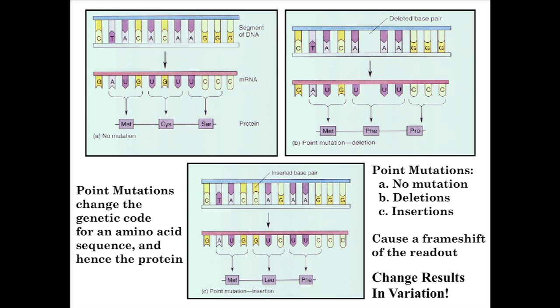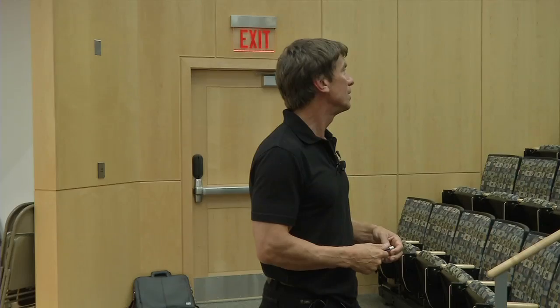As shown here, let's say we leave one out. We have AUG still codes for methionine, that's normal, but we leave out this G. We're still going to read things in terms of 3. So instead of reading the UGU and getting cysteine, we read that UUU, which now codes for this amino acid, phenylalanine, which is different. What does that mean? That means that that protein is not going to be the same as that protein.